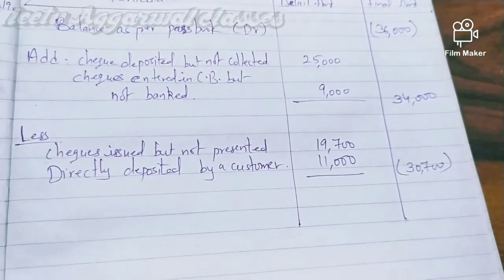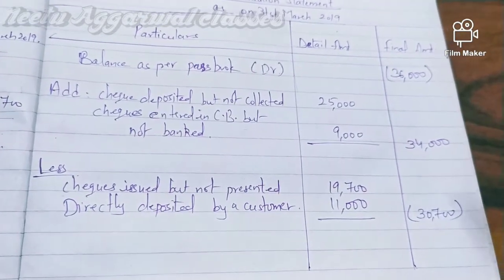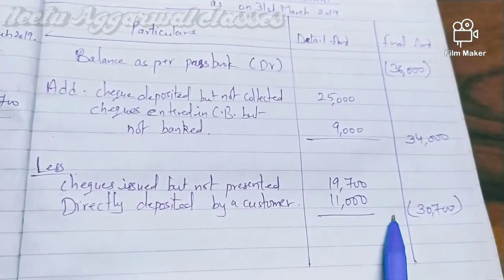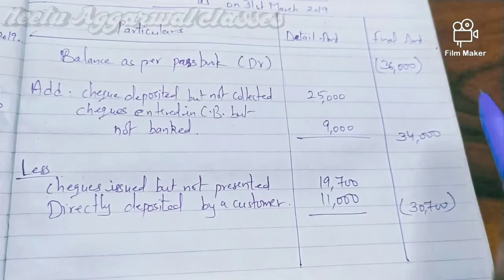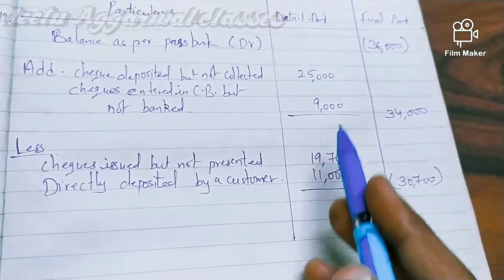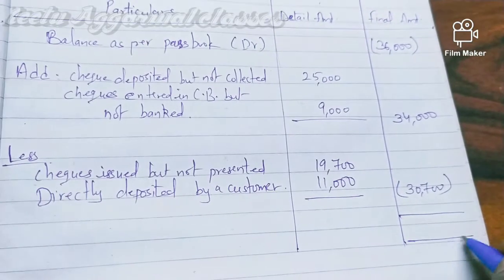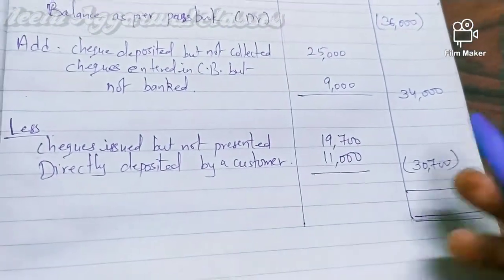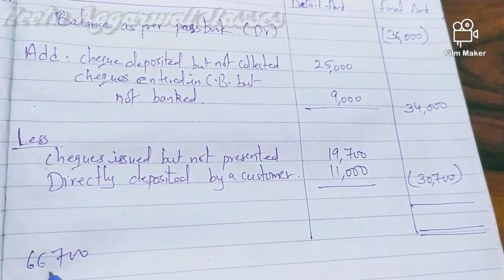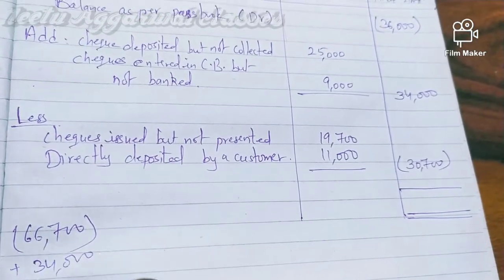Now see, I already told you to follow the simple calculation in the last so as to get the correct answer. These are the negatives, so we will add these amounts and do the calculation accordingly. This is the negative amount and this is the positive amount, right?